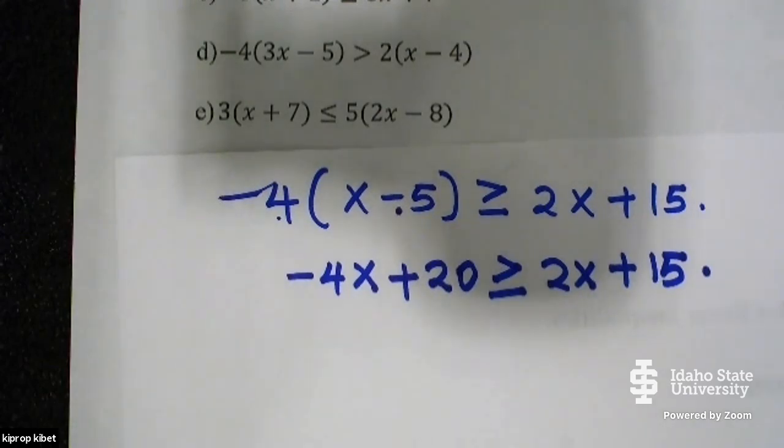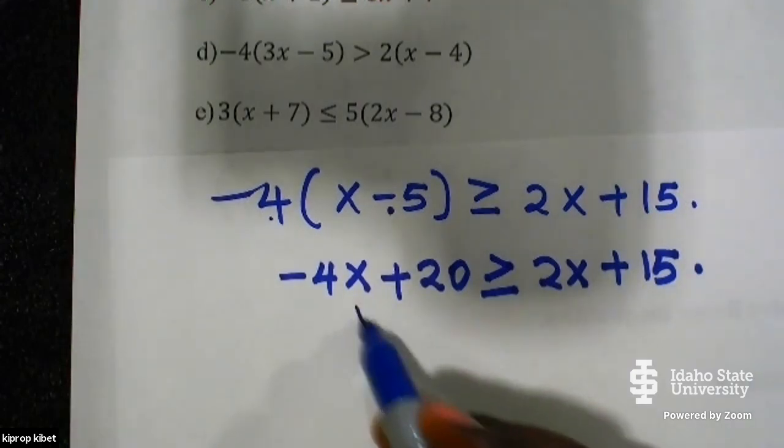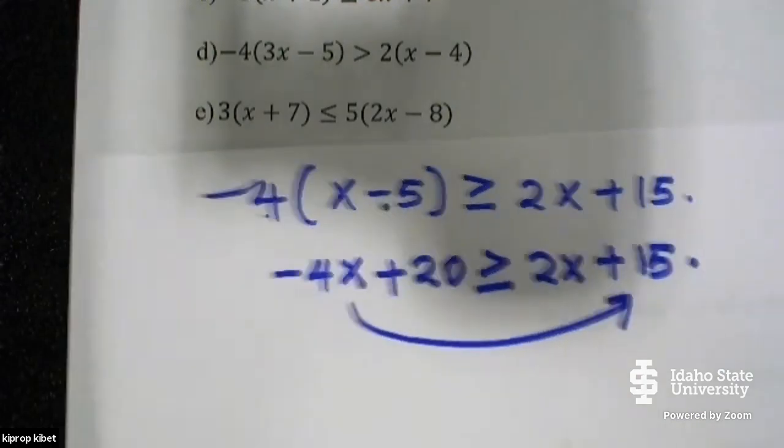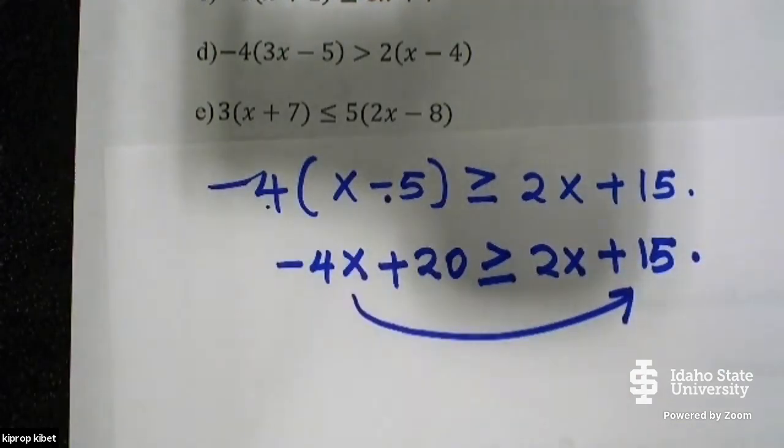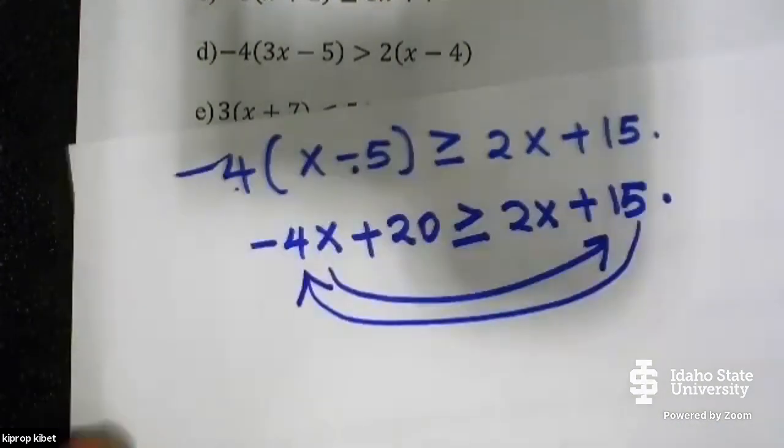So that the sign cannot confuse you again, take this one to the other side, because when you take this to the other side, then it becomes what? Positive, right? And then bring this one here.